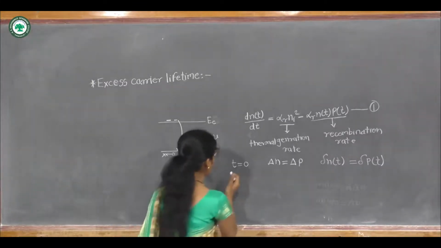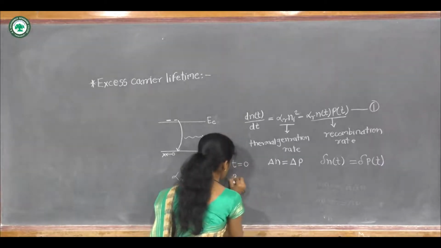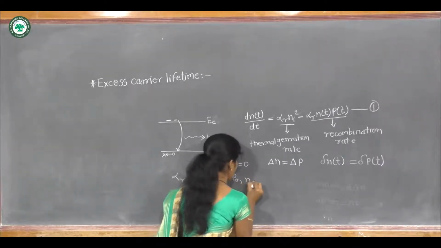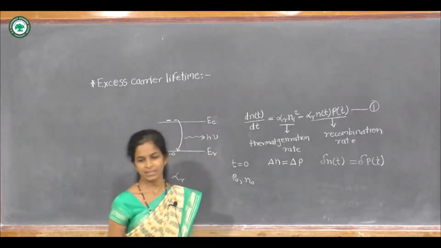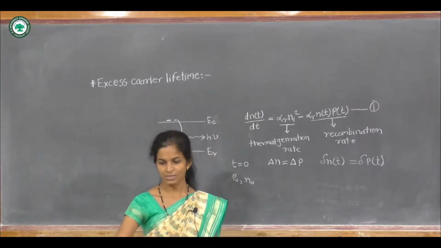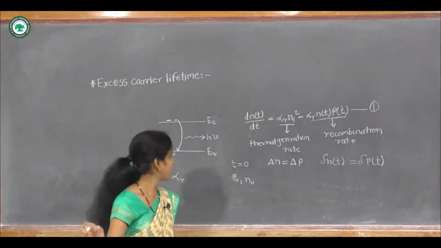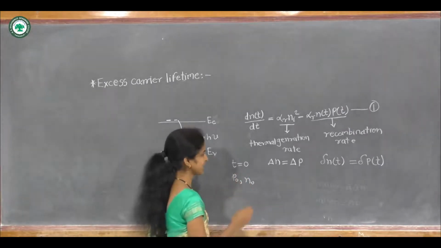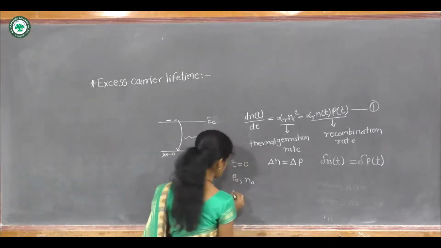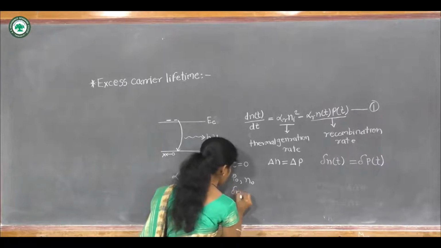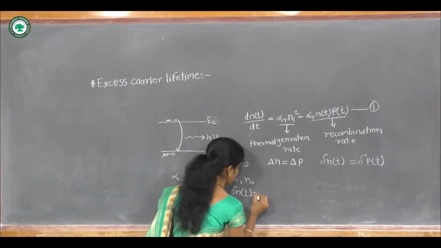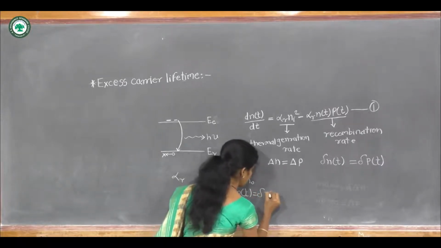That is, the equilibrium concentrations are given by p0 and n0, and the excess carrier concentrations are instantaneous, with delta n(t) equal to delta p(t).